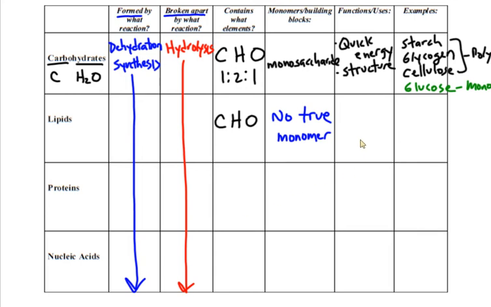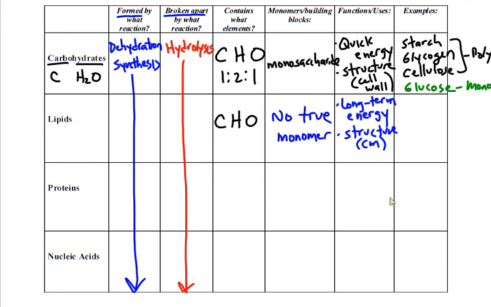What lipids are used for? Long-term energy. Structure. Remember, cell membrane here. Whereas your cellulose as a carbohydrate is going to be your cell wall of your plant cell.